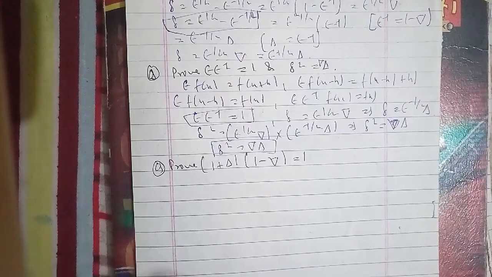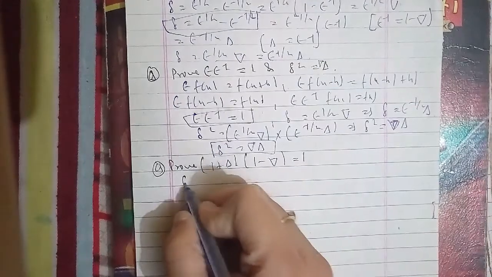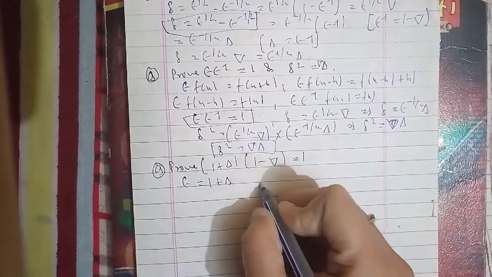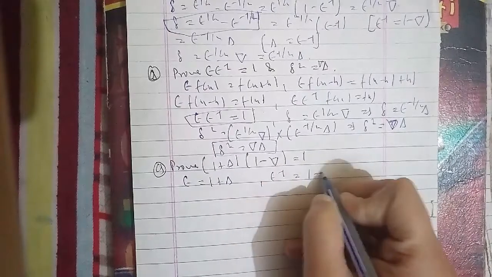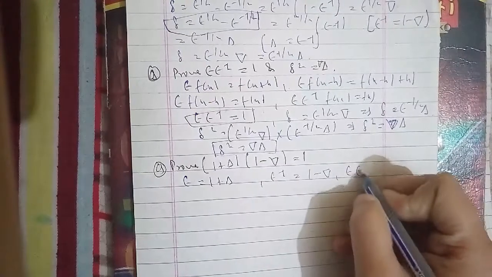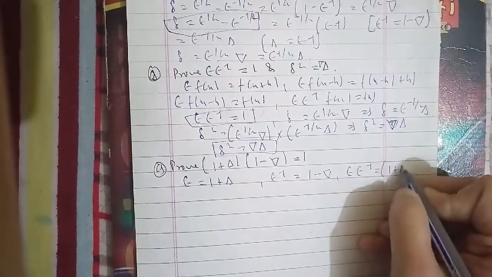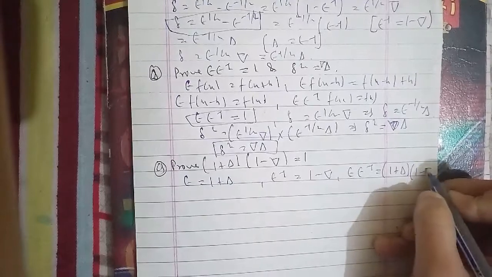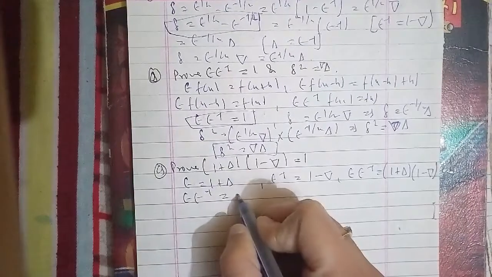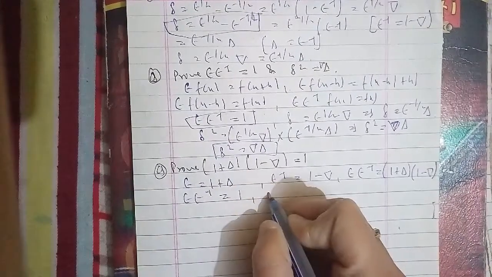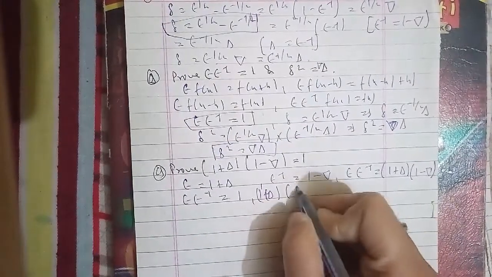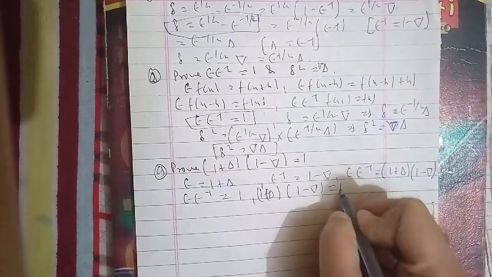From this we get E = 1 + Δ and E inverse = 1 − ∇. Multiplying these two equations, we get E into E inverse equals (1 + Δ)(1 − ∇). Since E E inverse equals 1, (1 + Δ)(1 − ∇) equals 1.